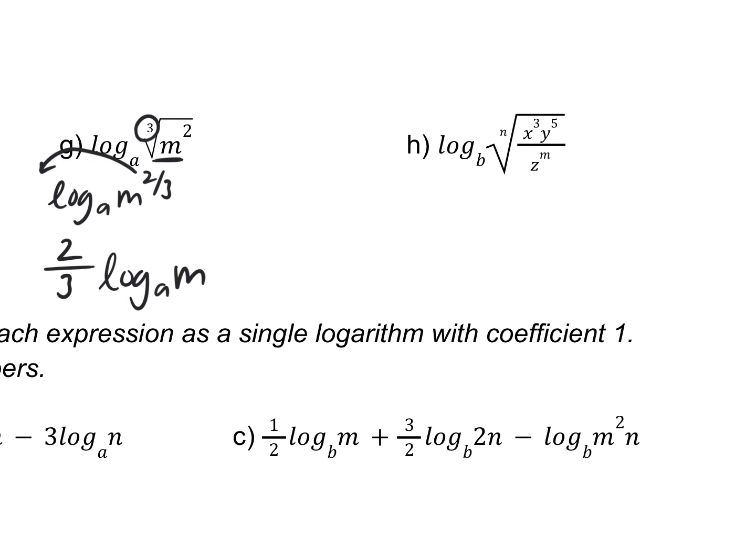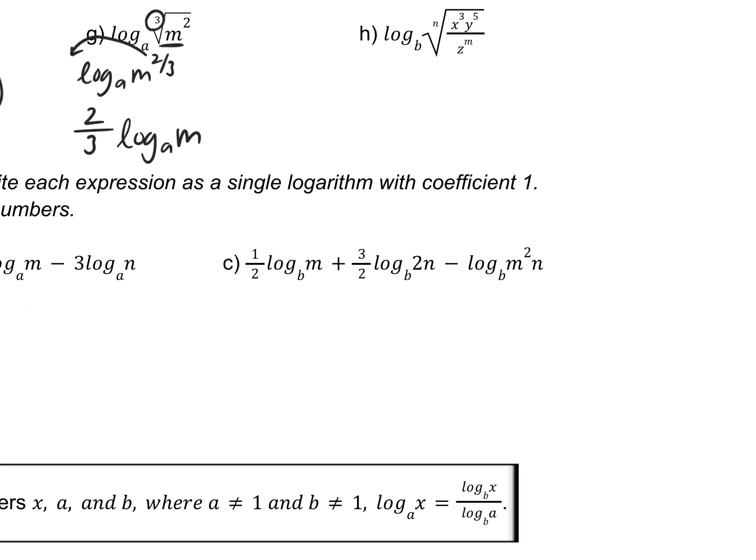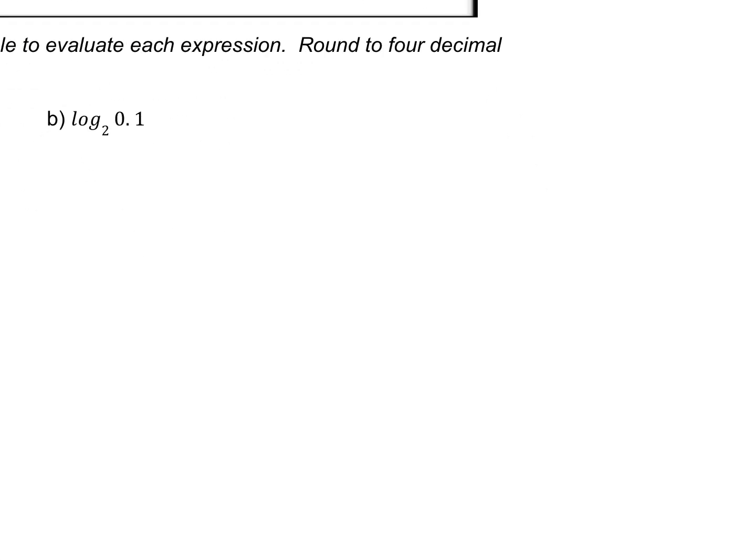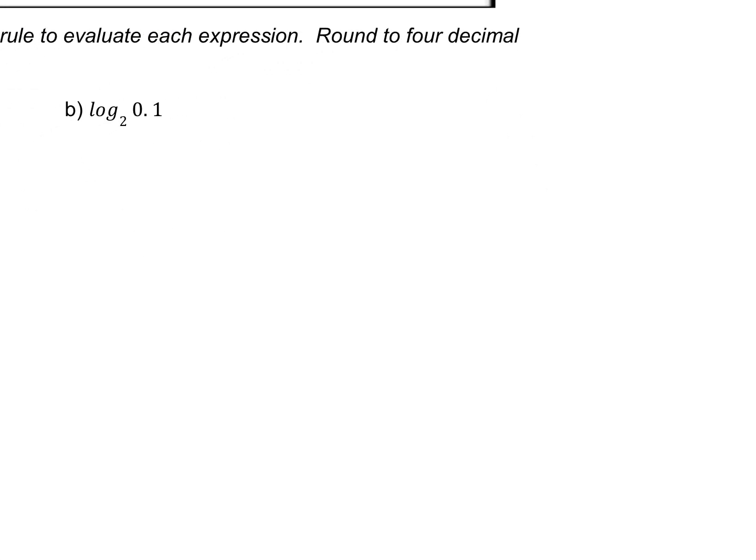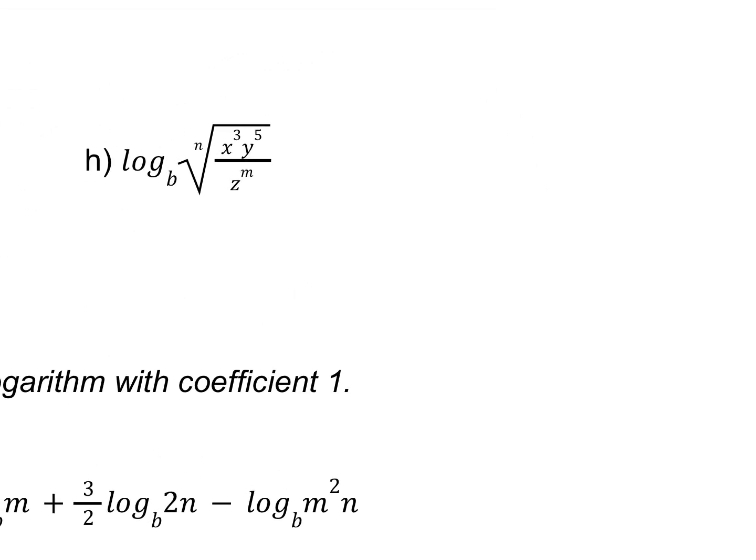Okay, this last one, there's really not quite enough space for you guys to write this one down, so I apologize. If you need more space down below, feel free to write it down there, or just zoom in on your iPad.